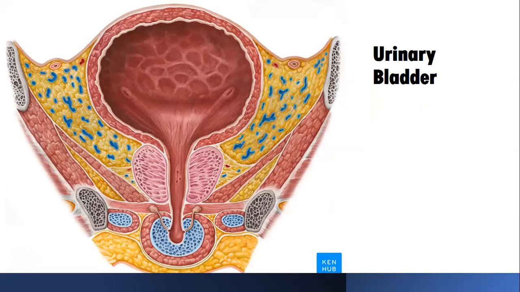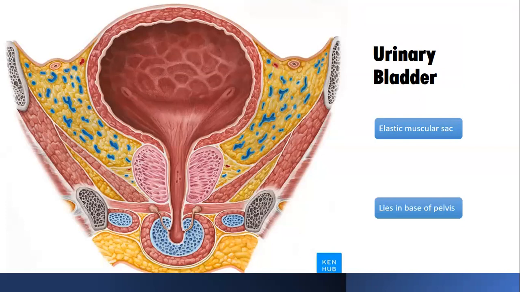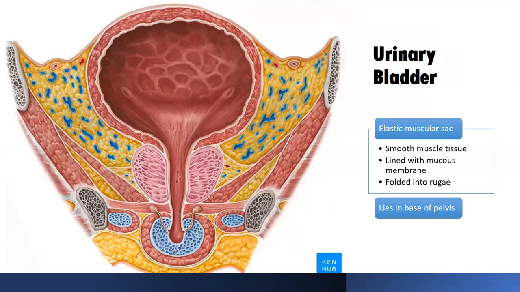The urinary bladder is an elastic muscle sac which stores the urine and then empties it on order from the nervous system. It lies at the base of the pelvis, in the deep pelvis. Smooth muscle tissue lined with mucous membrane folded into ridges, behind the pelvic symphysis, where the bladder is fixed at the base of the pelvis.